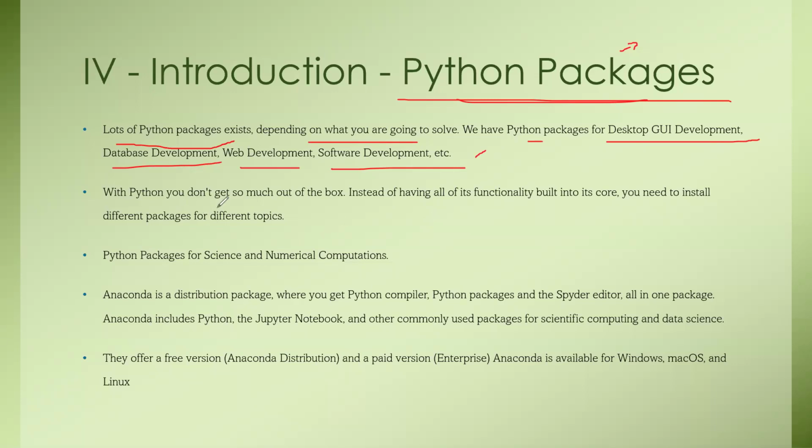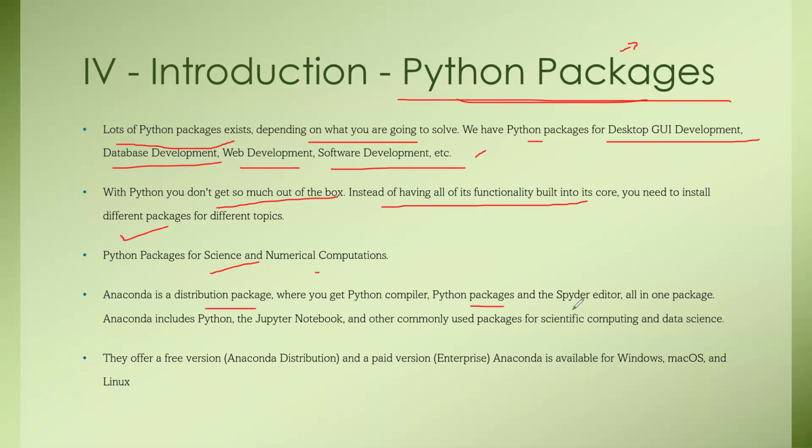With Python, you don't get everything built into the core. We just need to install different packages for different requirements. That package can be meant for scientific or numeric computations. Got it? Like this, there are a lot of distribution packages available.